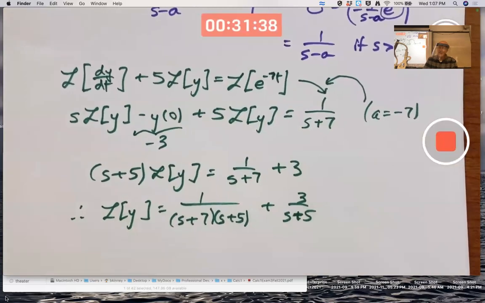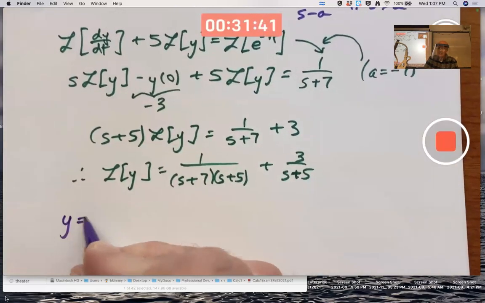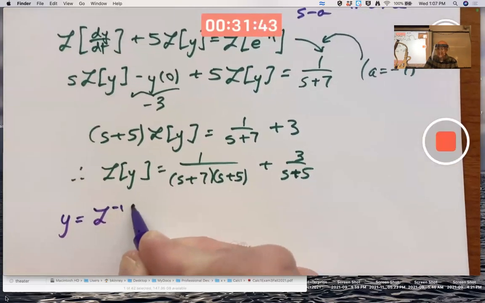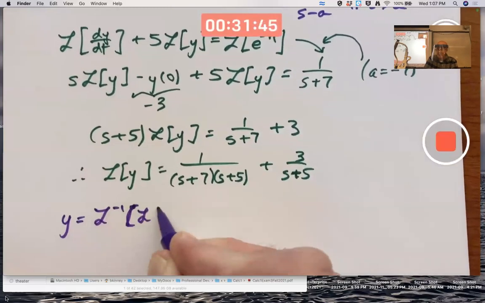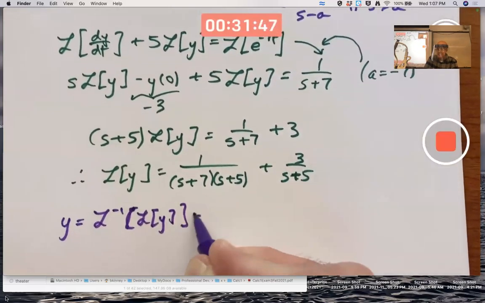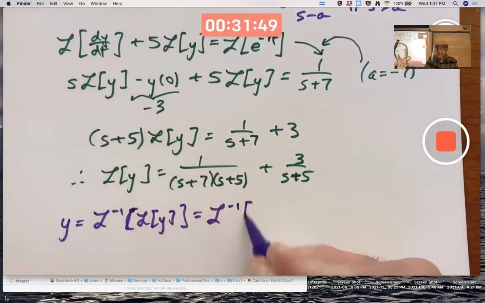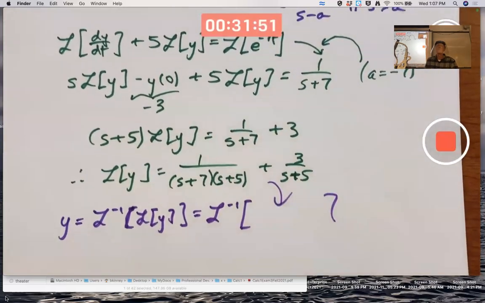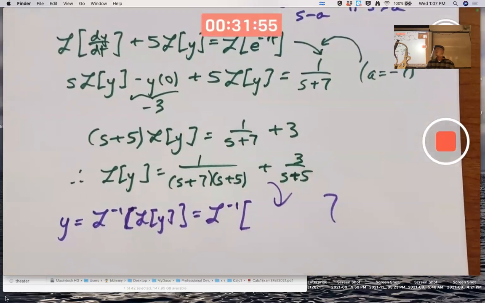I could write y equals L inverse of L of y equals the inverse Laplace transform of all this stuff there. L is a linear transformation. Turns out to be 1-to-1 and onto as well. L inverse exists.